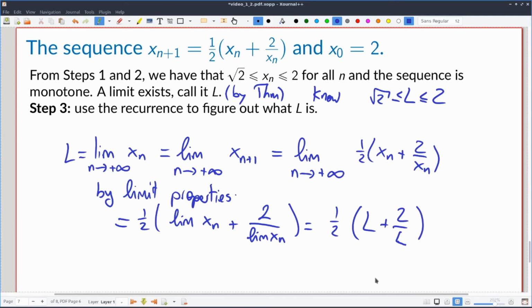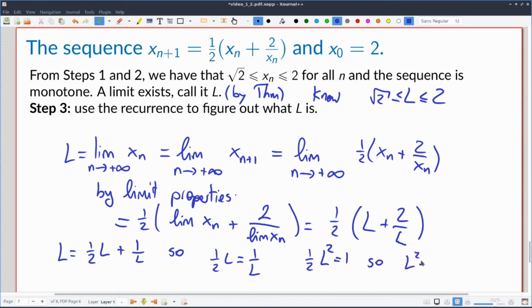Okay, so that's this relationship now we have on the limits, and now we just solve it. This is just an algebra problem. So L is going to be 1/2 of L plus 1 over L. So moving the half L over to the other side, we get 1/2 L is equal to 1 over L. So that gives us that 1/2 L squared equals 1.